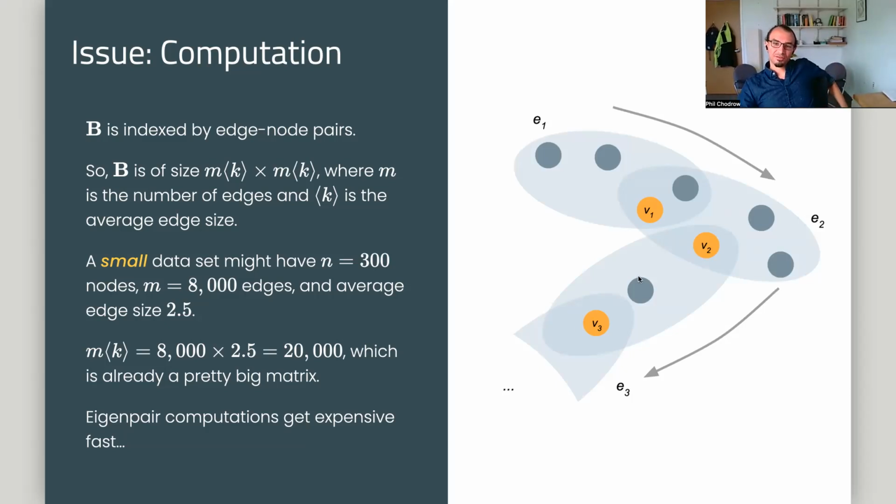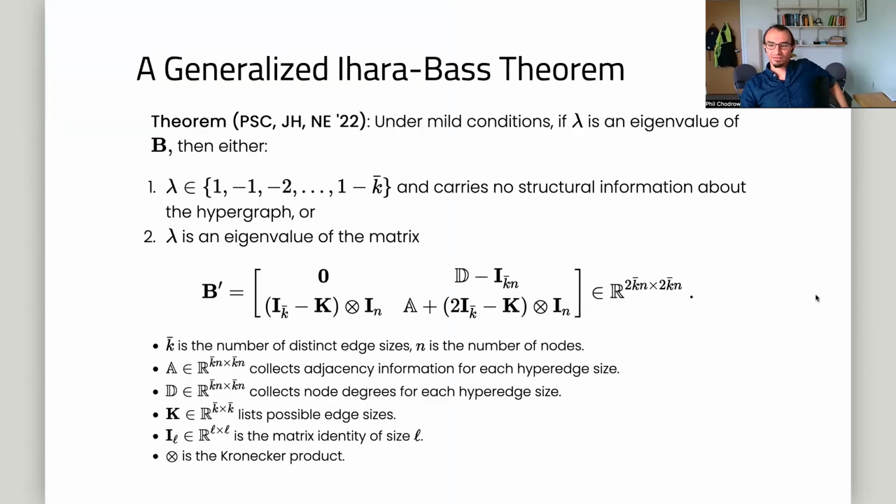From a computational perspective, fortunately, there is stuff that we can do. There's a nice class of theorems called Ihara-Bass theorems, and there's an Ihara-Bass theorem for this operator as well. What it says is that if you have an eigenvalue of this non-backtracking operator B, you can put it into one of two cases.